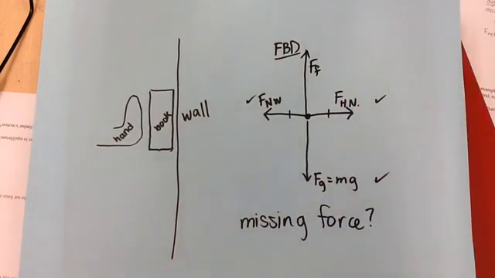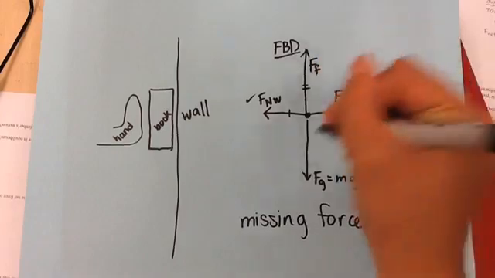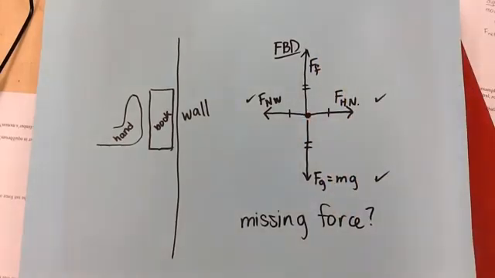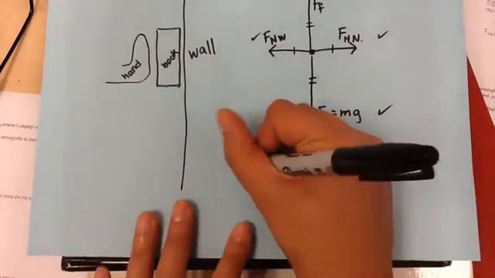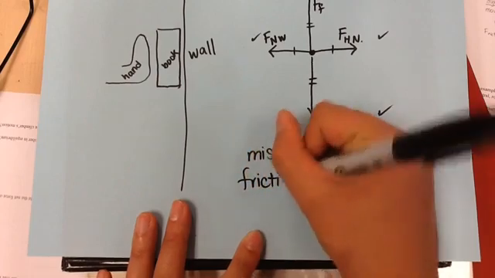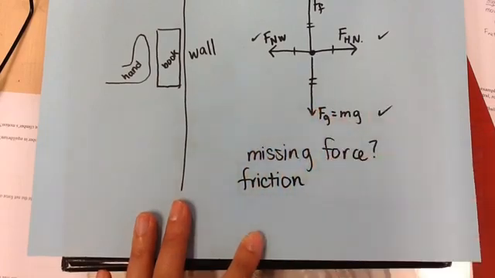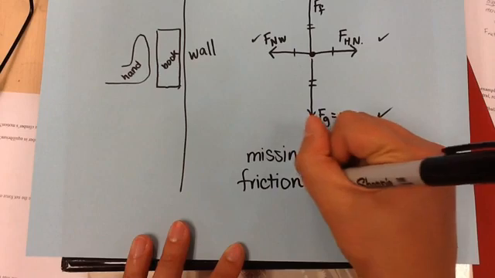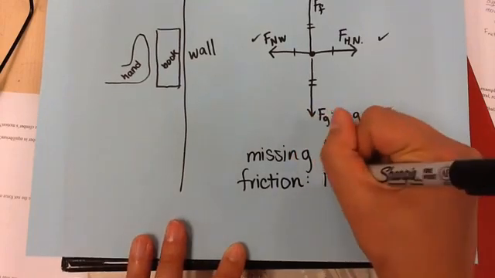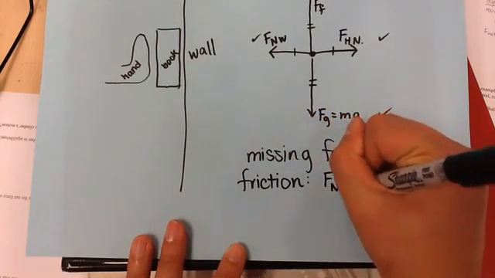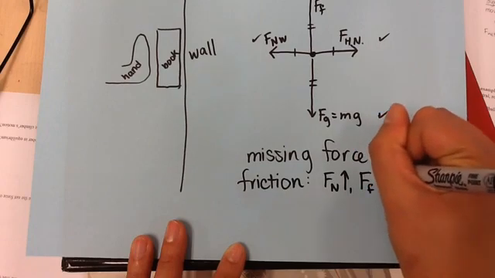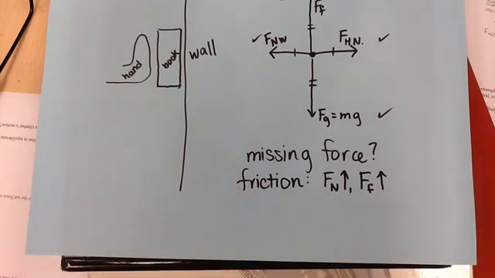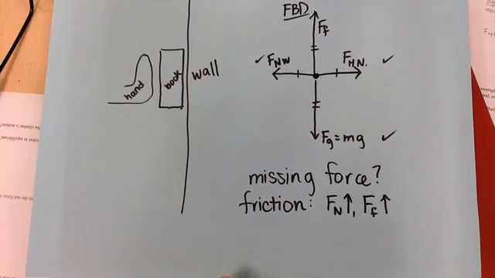And if you want to see how it works, friction has the same magnitude as gravity. The only reason it works is because that friction force gets bigger when you increase the normal force. So if normal force goes up, force of friction goes up. That's why if you try to lightly push a book against a wall, it doesn't work.